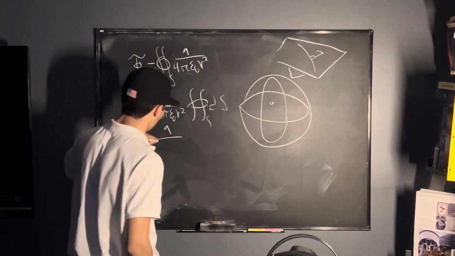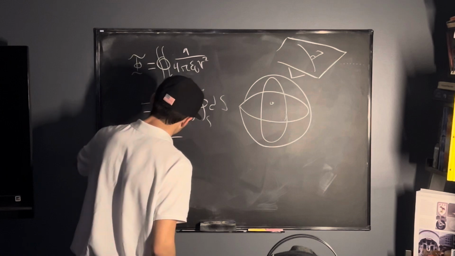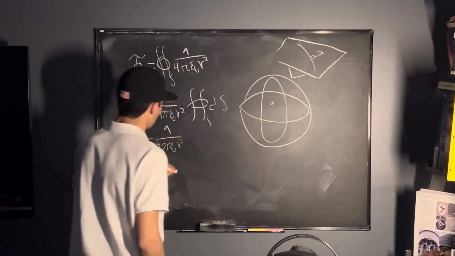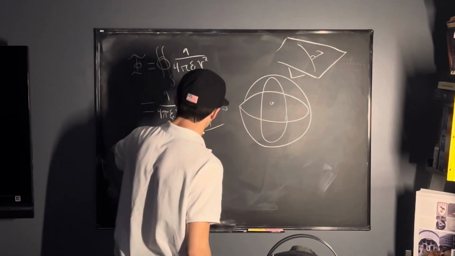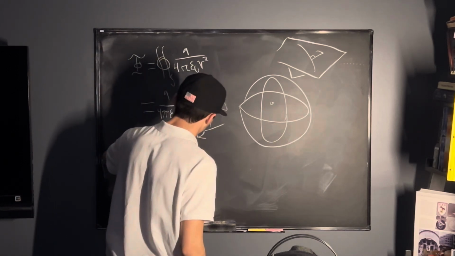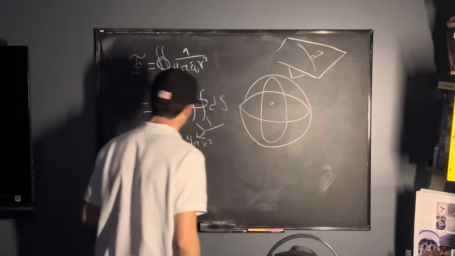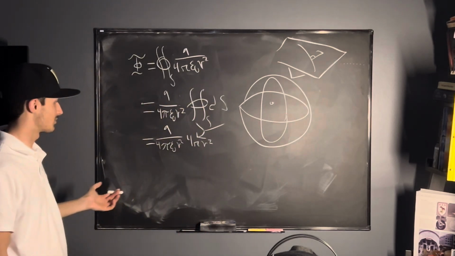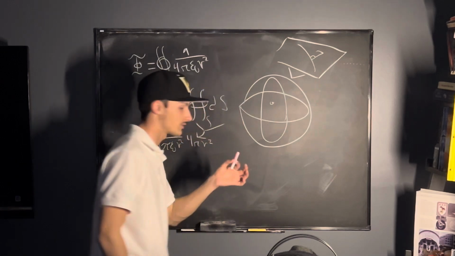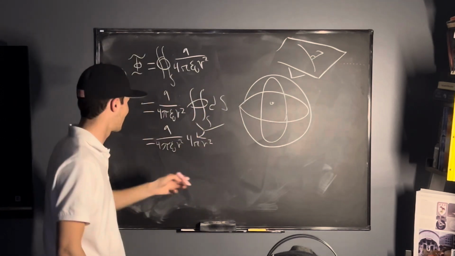So let's go ahead, write out what we have again. And that is inherently also just 4 pi r squared. I think it's pretty obvious what happens here. For once, we get to use the red chalk.